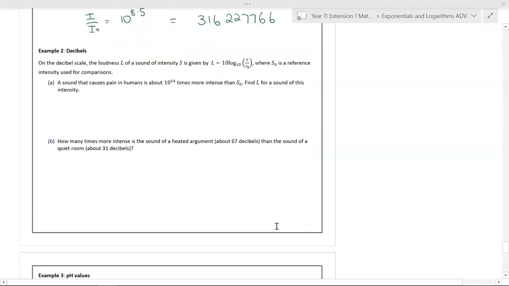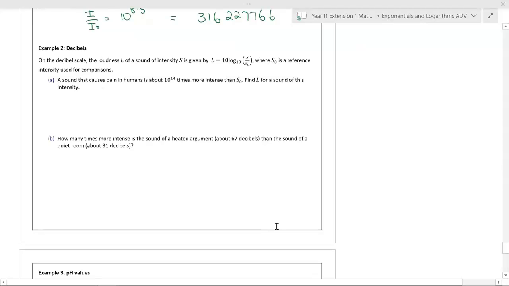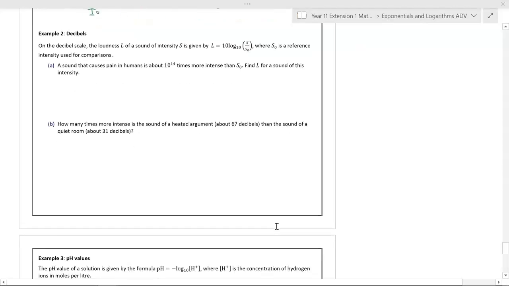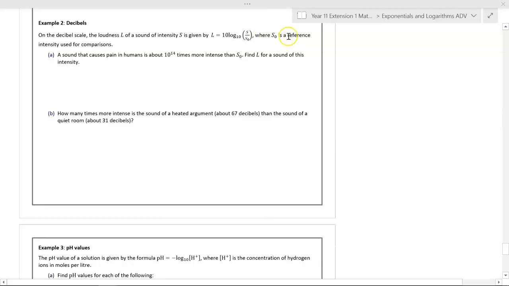Okay, the next example we use is decibels. And again, you're not expected to remember all of these formulas. You'll be given the formulas, the explanation of what they are, and then you'll be expected to use them. So here we have a formula that measures the loudness of sound, again compared to a reference level.